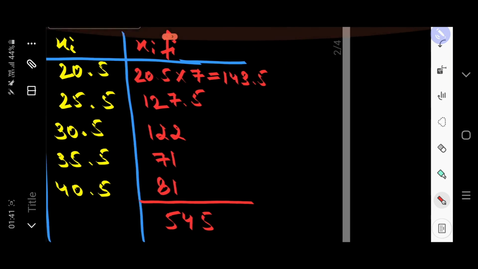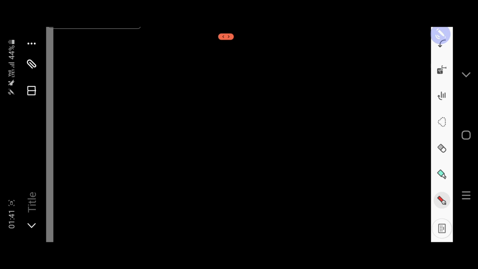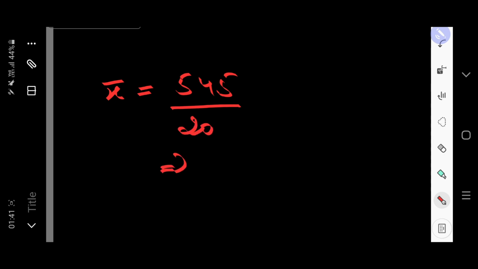So now with the formula, we calculate the mean. x bar equals 545 divided by 20. So we have the value of 27.25. So the mean for the continuous frequency distribution, or the mean for grouped data, is 27.25 for this example.